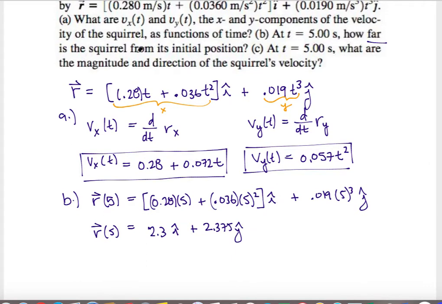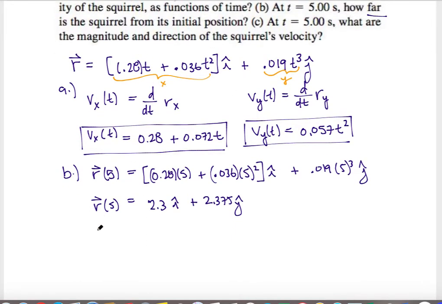But I want to know how far I am from my initial position. That means I also need to know where I was at time 0. Well, thankfully, every single term in my position function has a time component. So I know that my initial position is really 0 in both coordinates. So how far away am I? Well, this is my position vector, so I am somewhere up and to the right, and this distance should just be given by some trigonometry.